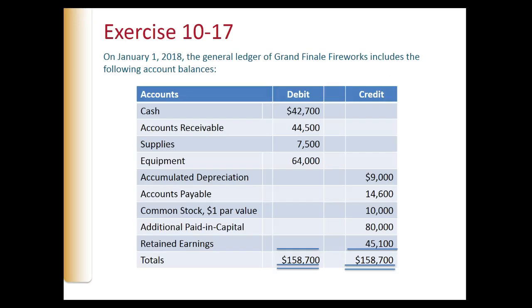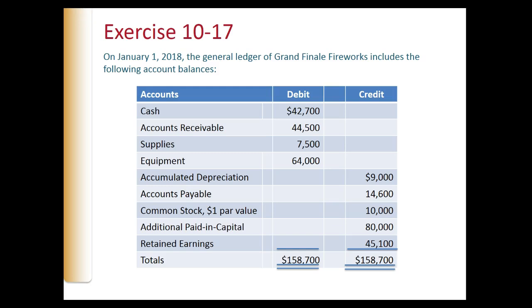We're going to finish by going through an extensive exercise, exercise 1017. On January 1st of 2018, the general ledger of Grand Finale Fireworks includes the following balances.